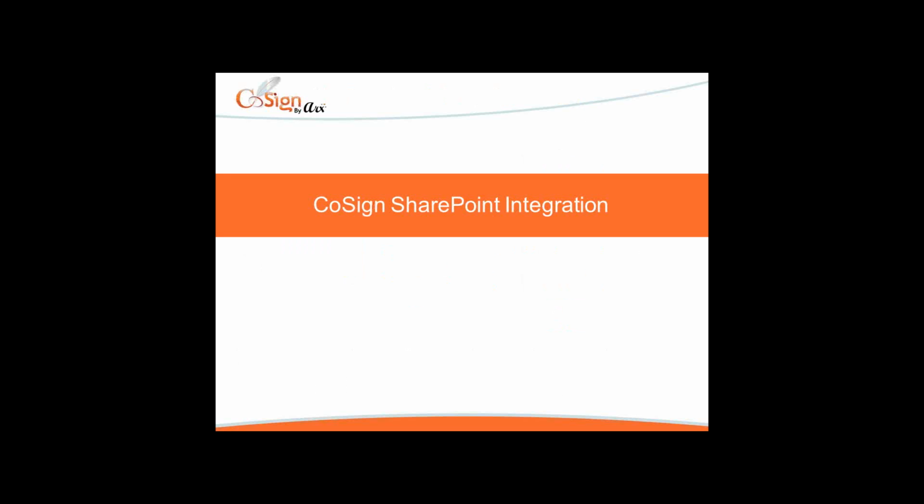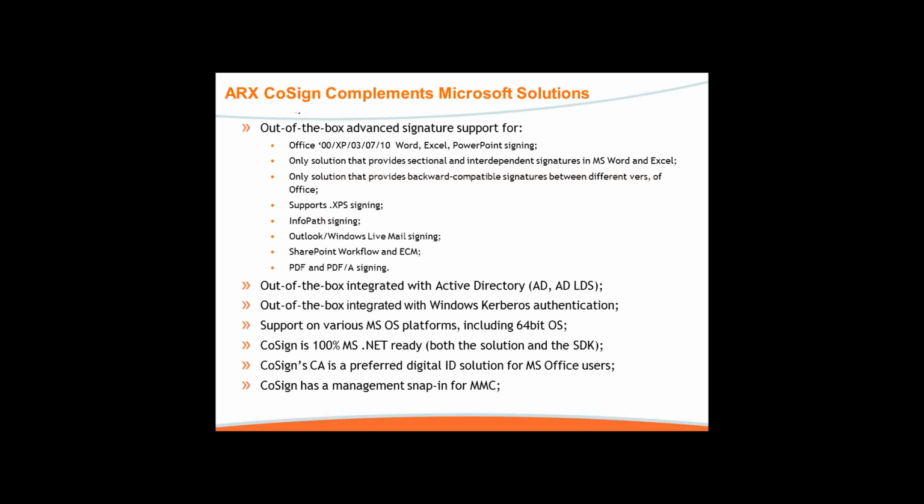Now, as far as Cosign for Microsoft and SharePoint, as far as complementing Microsoft solutions, Cosign out of the box supports multiple versions of Office, Word, Excel, and PowerPoint signing. It provides sectional signing and interdependent signing for Microsoft Word and Excel. It provides backwards compatibility between different versions of Office, and supports XPS signing, InfoPath signing, Outlook mail signing, SharePoint workflow and ECM, PDF and PDF-A signing.